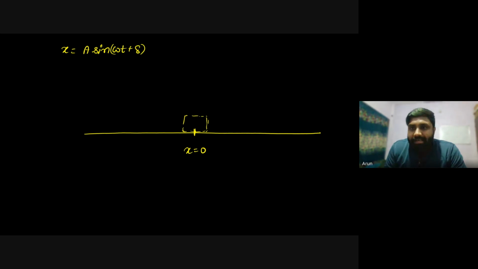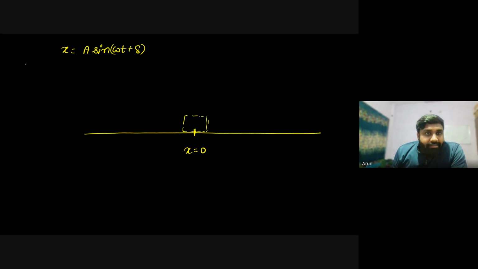How do you start the motion? At the starting of motion, time is 0 seconds. That is predefined, so we take t equals 0.